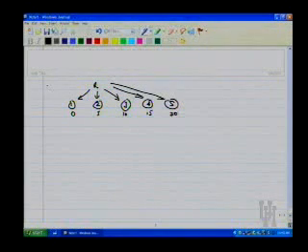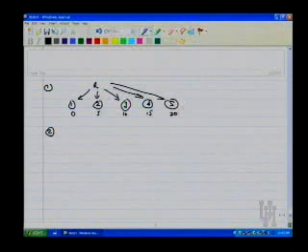The second observation I made was that we're only going to look at an instance in which there's a single independent variable and a single dependent variable.